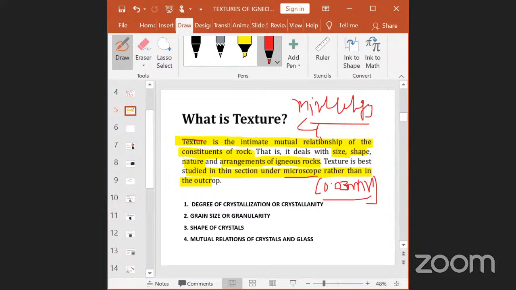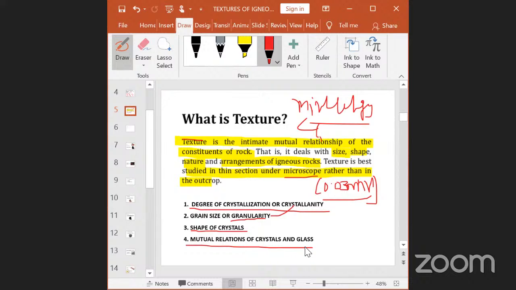The term texture mainly refers to the mutual relationship of the constituent minerals in a rock, in addition to crystallinity. And you see here, the first one is degree of crystallization or crystallinity, the second one is grain size or granularity, the third one is shape of crystals, and the fourth one is mutual relations of crystals and glass, right?